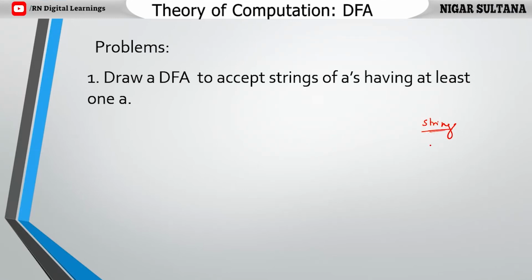They are telling us at least one A. It can have 1, 2, etc. So the minimum is 1 A. So AA, AAA, then 4 A's, etc. So our condition is that it must have at least 1 A. This is our condition. Now what is the first step? We need to identify the minimum string.